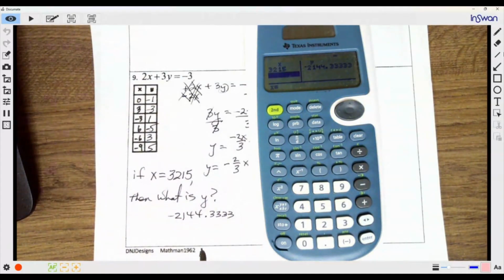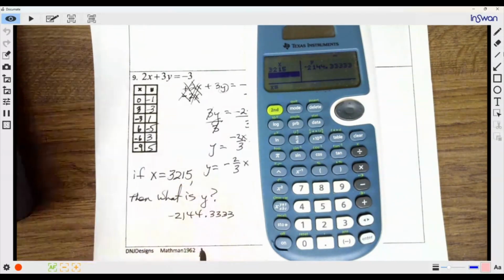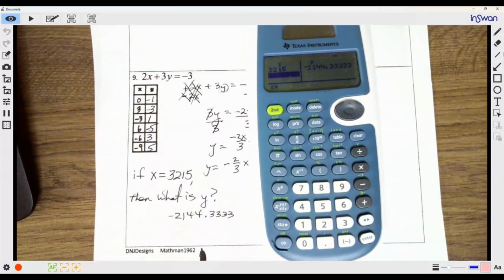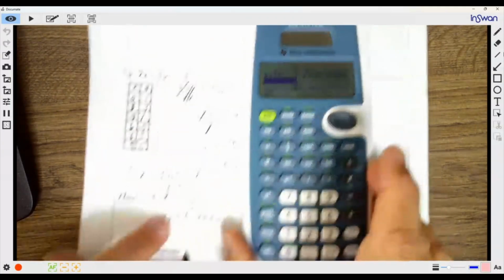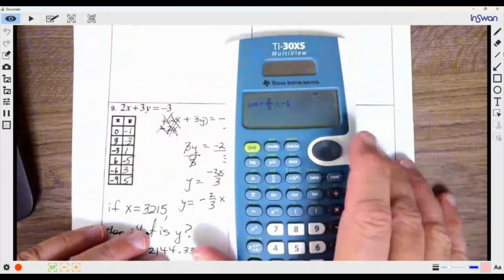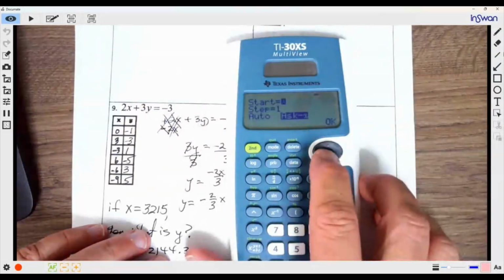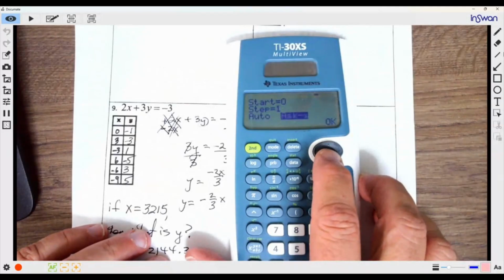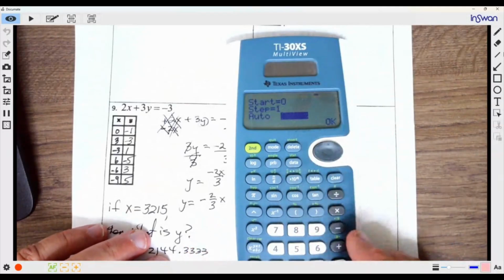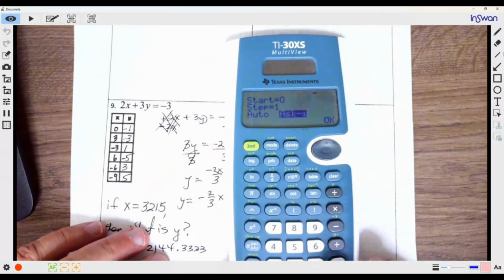I don't want to have to sit there on the table of values and keep moving up, or down, 3,215 times so that I can find out what the y value is. So the table, enter, your start value, your step, and instead of auto, you're setting it for ask x.